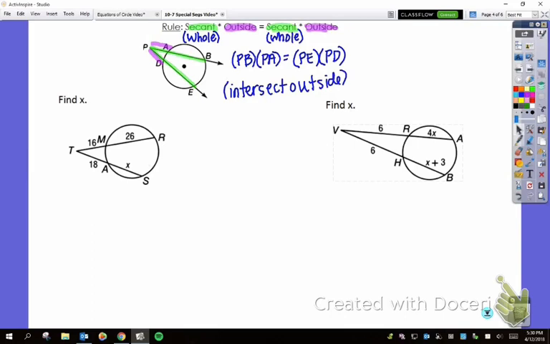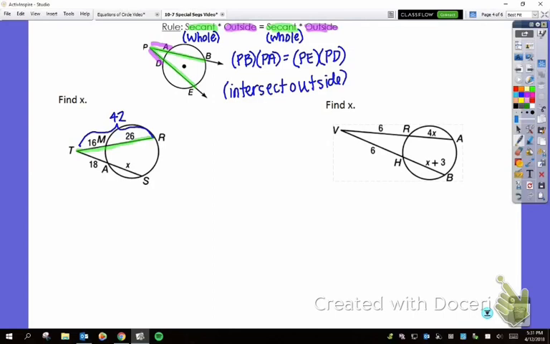We have to be careful here because for that whole piece, you have to find the length of that whole segment. So our whole segment on this first example is from T to R. To find that whole segment, we need to add together 16 plus 26, which gives us 42.